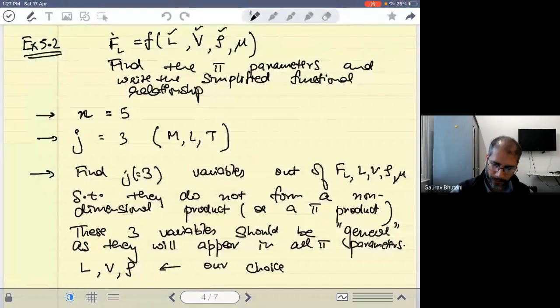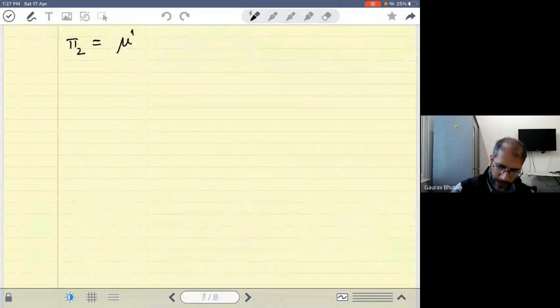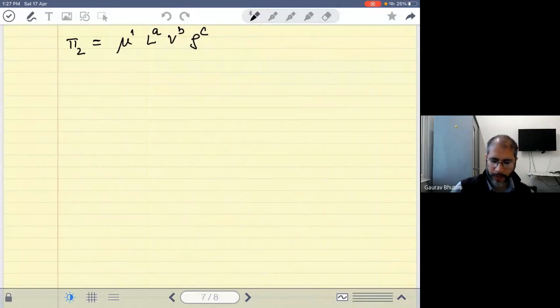So next one is mu, the viscosity. To find pi2, we write this as mu to the power of 1, and then L to the power of A, V to the power of B, and rho to the power of C. Some combinations of A, B, and C now will help us non-dimensionalize mu.